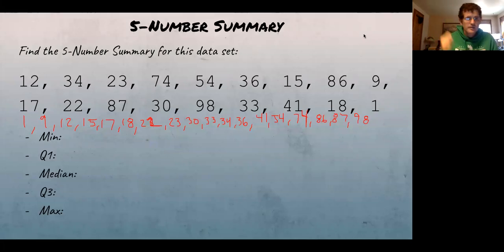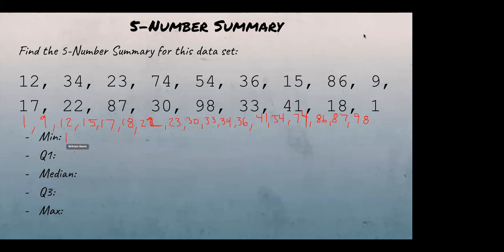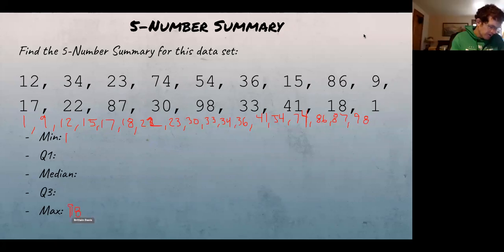Okay, so what is our min for this? 1. All right, and the max is? 98. Those are always the low-hanging fruit for your 5-number summary. It's pretty easy to find those.